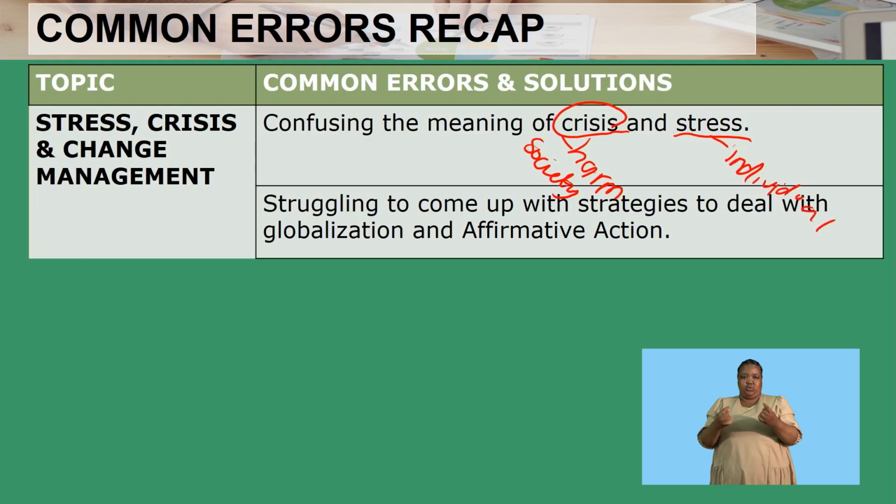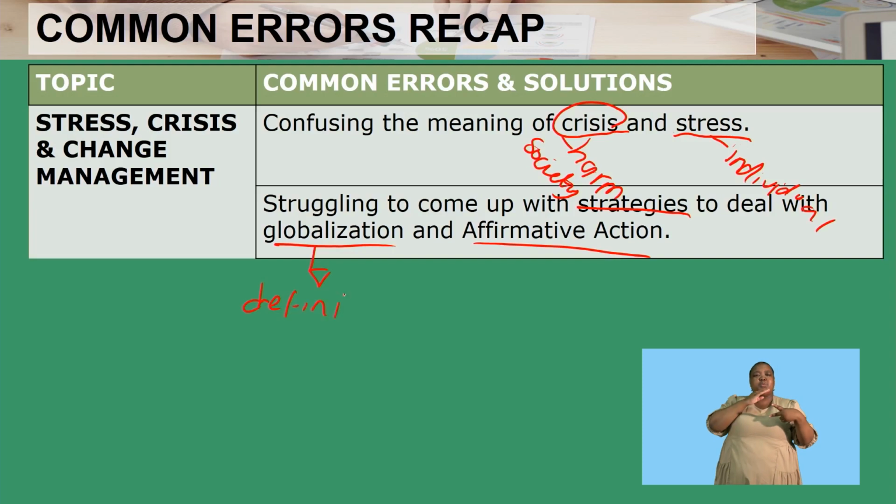Then it is also possible that you can struggle to come up with strategies to deal with globalization and affirmative action. Now, to fix that, you must simply know the definitions of the 2. So you must know that with globalization, we are simply talking about trading with other countries.